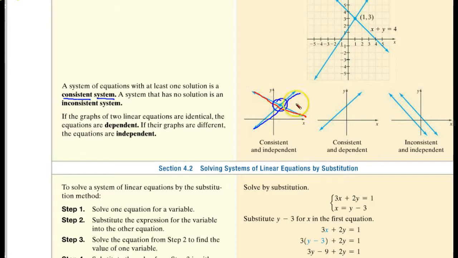And since the equations are different, the equations are independent.